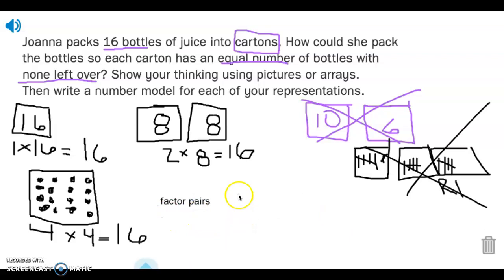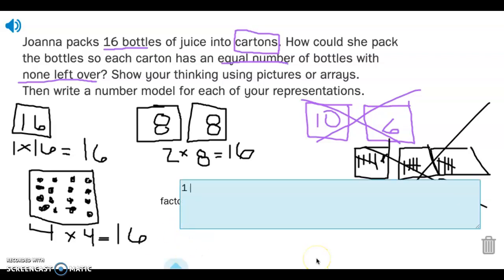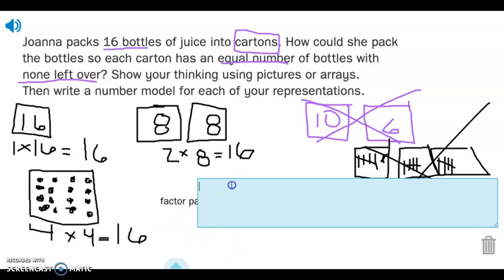Well, I'm going to tell you that 1 and 16, 2 and 8, and 4 and 4 are factor pairs of 16.